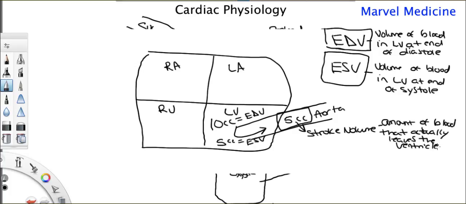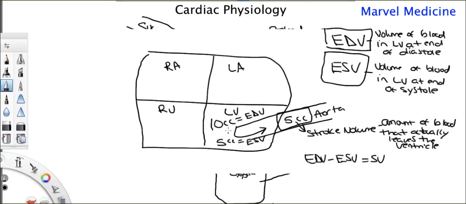Okay? Stroke volume. And again, the difference, my end diastolic volume minus my end systolic volume, will give me my stroke volume. Okay? So the lower my end systolic volume, what would happen to the stroke volume? If my end systolic volume is low, that means my stroke volume is probably high, right?